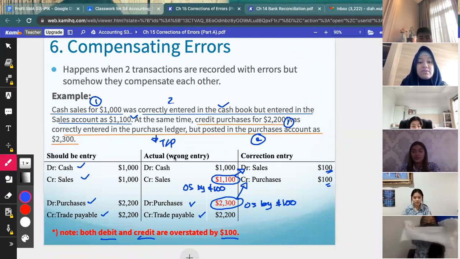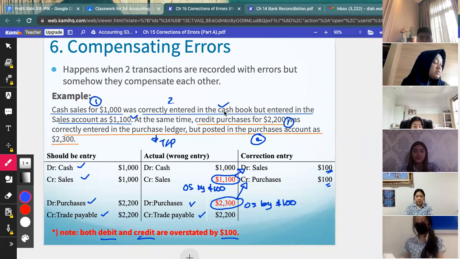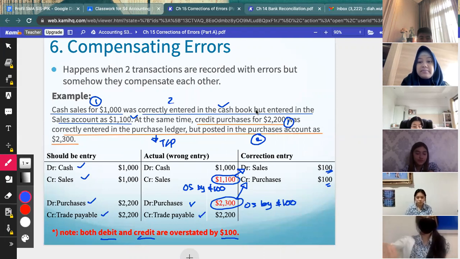So the cash is already correct, 1,000, because it said correctly entered in the cash book. But entered in the sales account as 1,100. So when you make an entry on the credit side of sales, you put 1,100 instead of 1,000. Look at here.